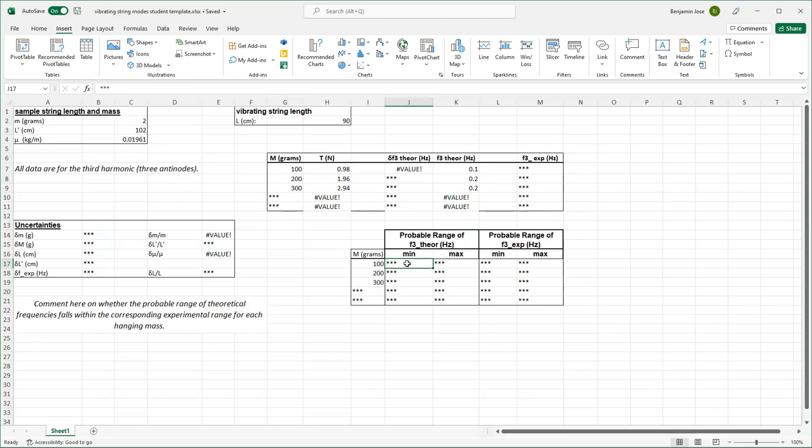Okay, what is the minimum probable value of your calculated frequency for 100 grams? When you put 100 grams from your pulley, what's the minimum likely frequency that will produce the third, or I should say the third normal mode, I'm sorry, not fundamental mode.